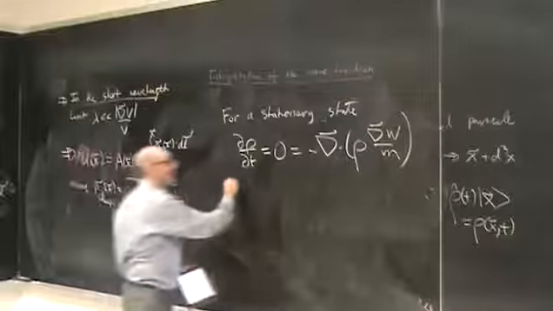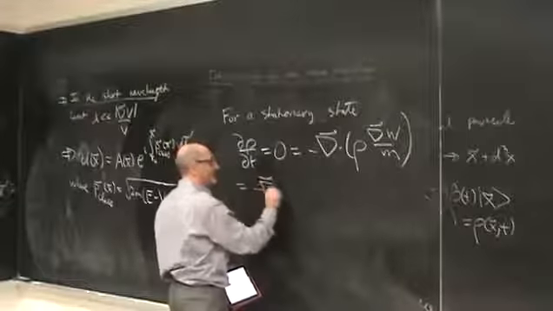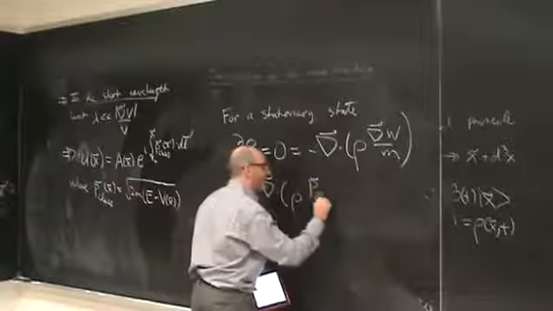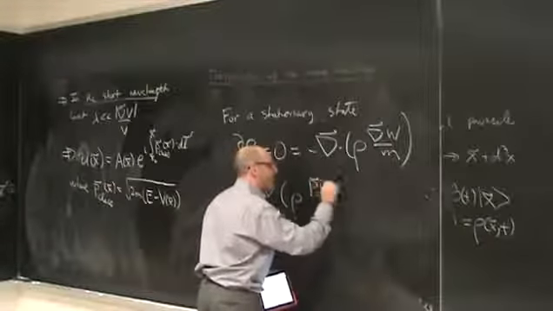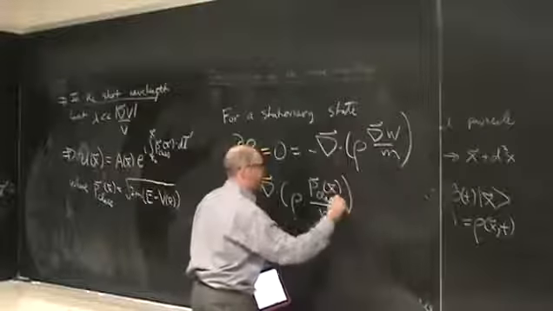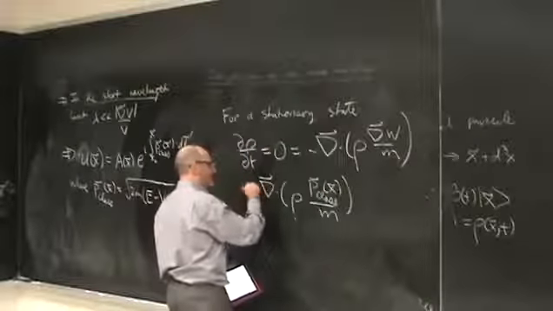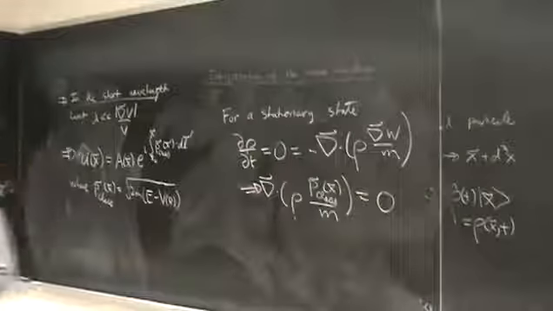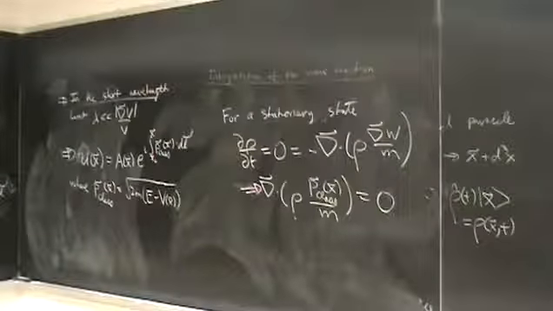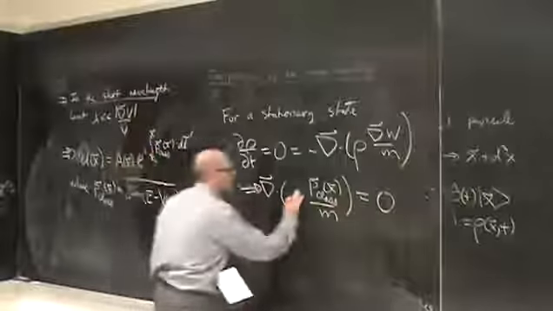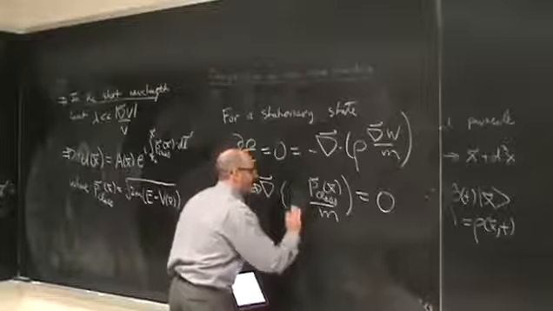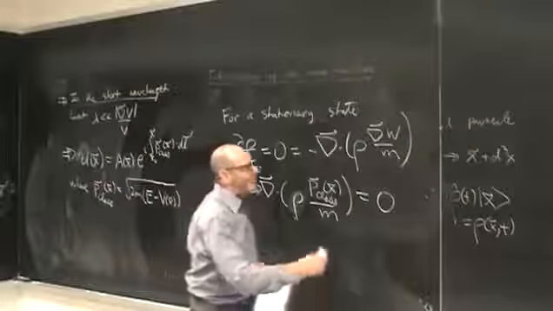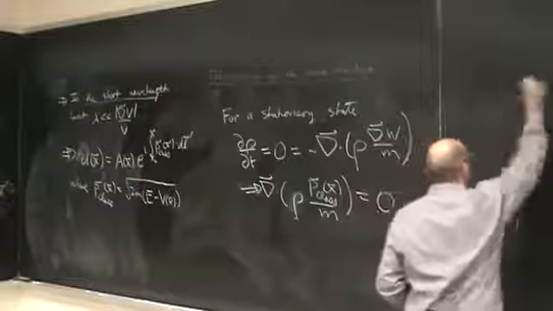But this is equal to whatever that classical momentum is at that position over m. And this, well, obviously doesn't matter. Okay, let's look at this, for example, in one spatial dimension.